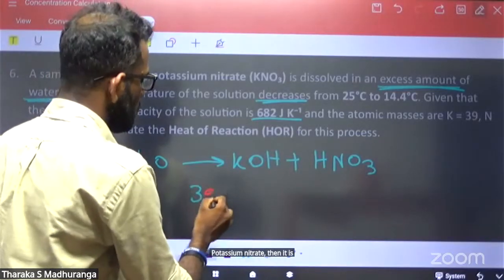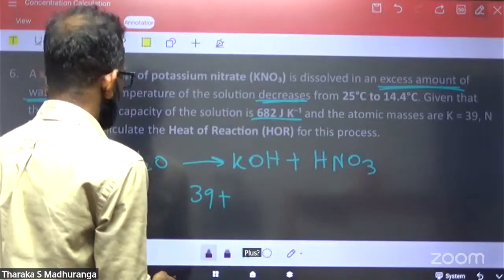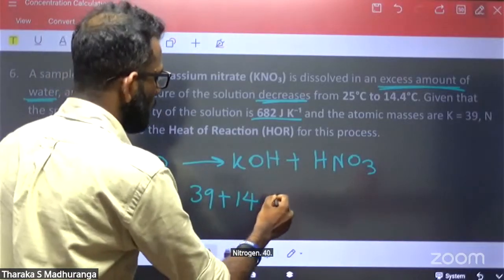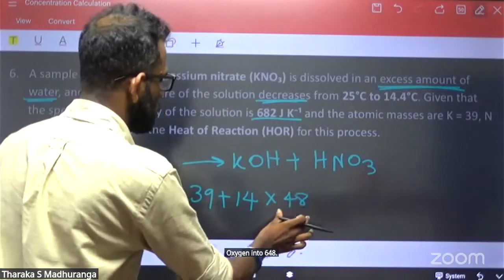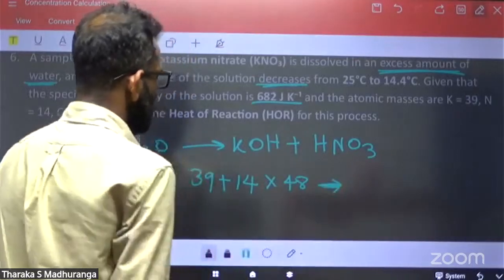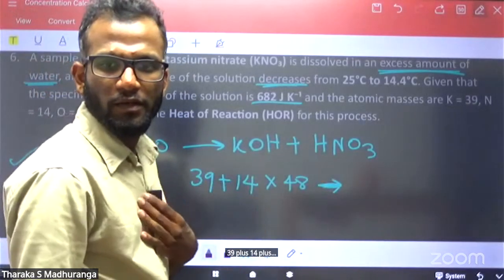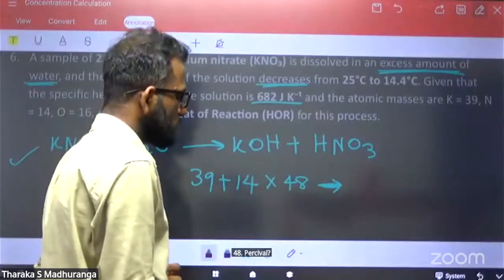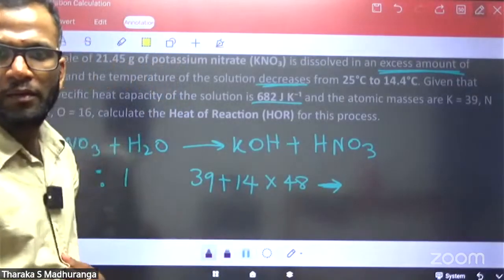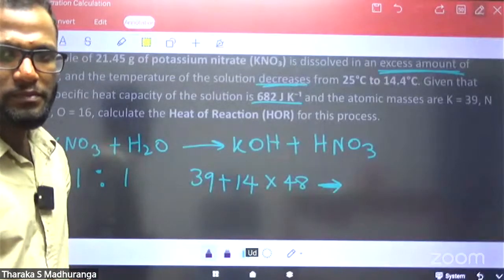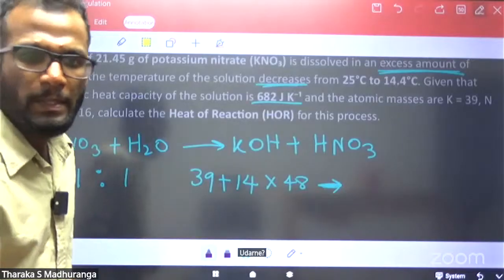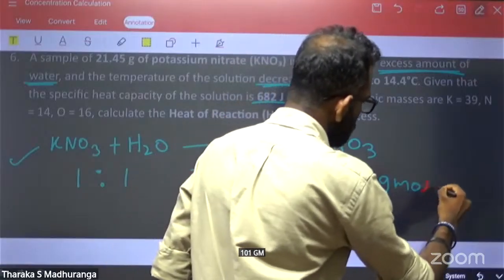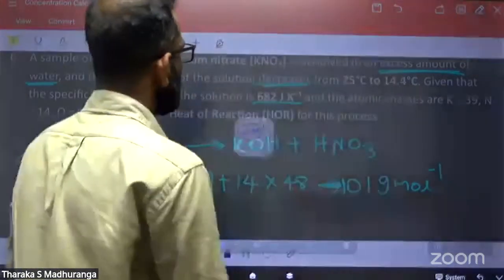Then it is 39 plus nitrogen 14 plus oxygen 16 into 3, which is 48. So 39 plus 14 plus 48. What's the value? 101 g mol minus 1.